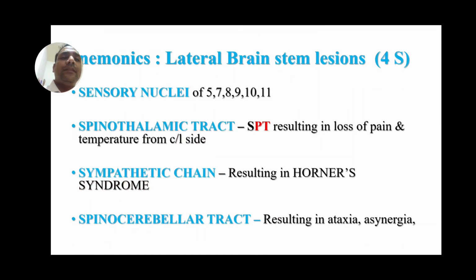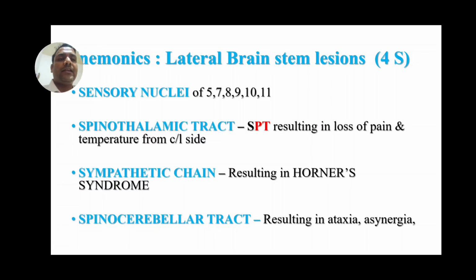Next, coming to the lateral brainstem lesions, remember as side and remember 3 S's. S for side, lateral, and S for sensory nuclei. They involve sensory nuclei of which cranial nerves, which lie on the side or lateral? 5, 7, 8, found in the pons, 9, 10, 11 in the medulla. And they also involve the spinothalamic tract or spinal lemniscus.